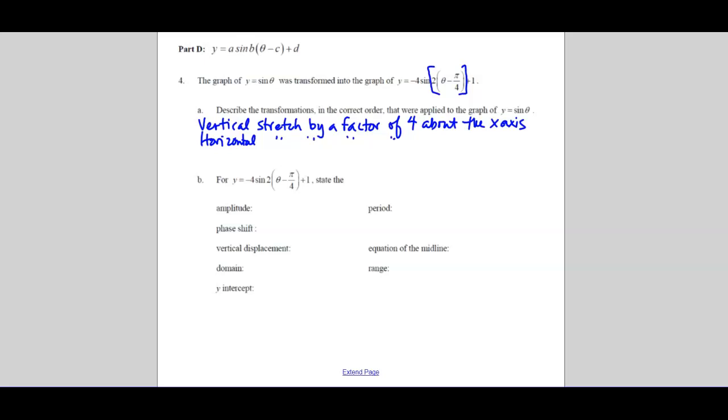It's like any transformation. By a factor of a half about the y-axis. The negative out front there means a reflection in the x-axis. Oh, can I use x here? Theta.